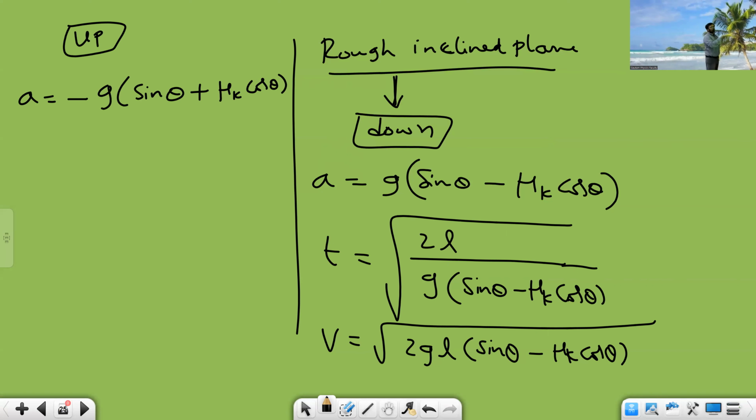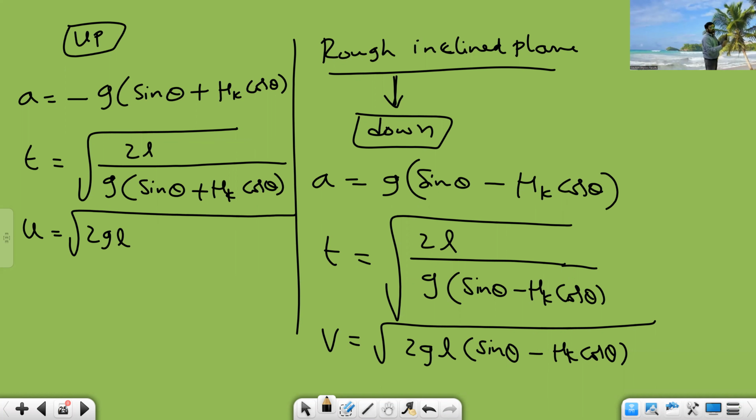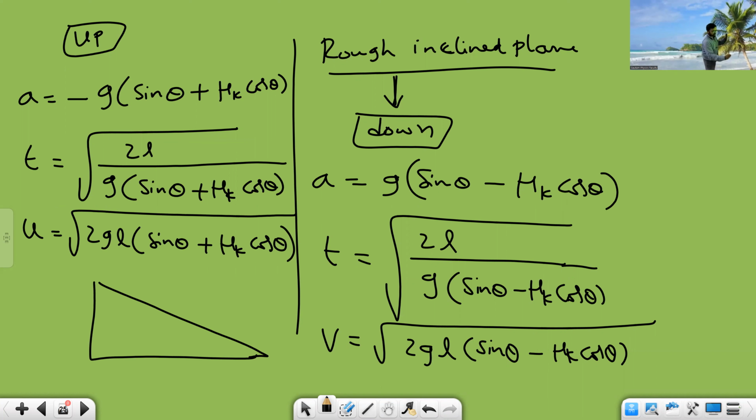So T is equal to root over 2L by g into (sin theta plus mu k cos theta) going up. The diagrams are comparable with the previous smooth case, so take the diagrams from there. The projection velocity is root over 2gL into (sin theta plus mu k cos theta).